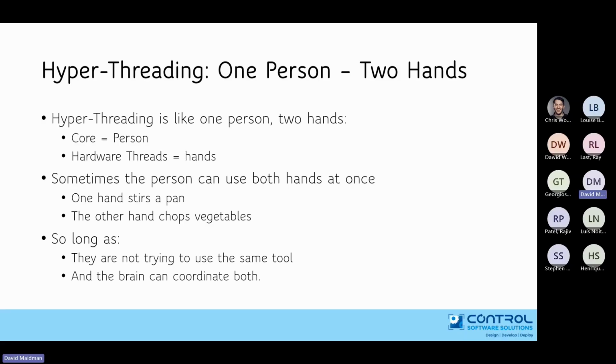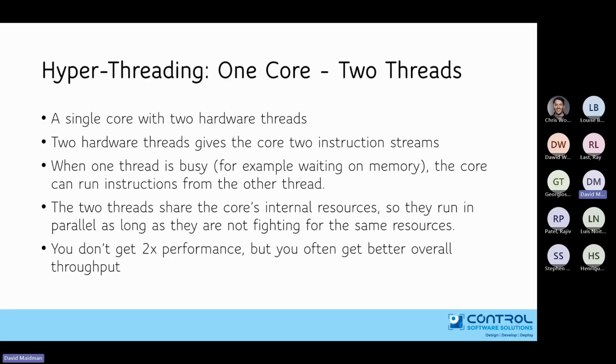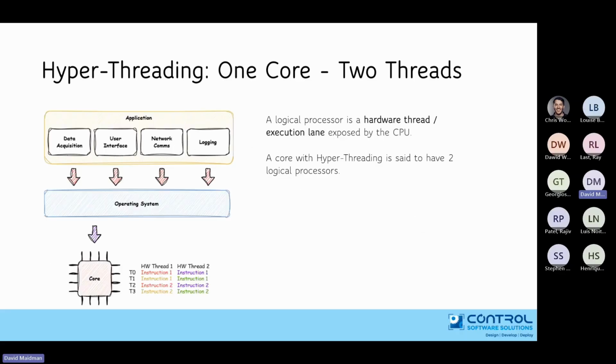If you give me something really complex, I might not be able to do that with two hands. I may need to use one hand. But that's the way to envisage hyperthreading. What that actually is, is a single core with two hardware threads, so there's two like execution lanes within that core.